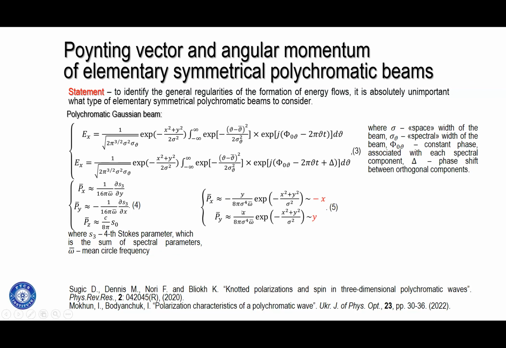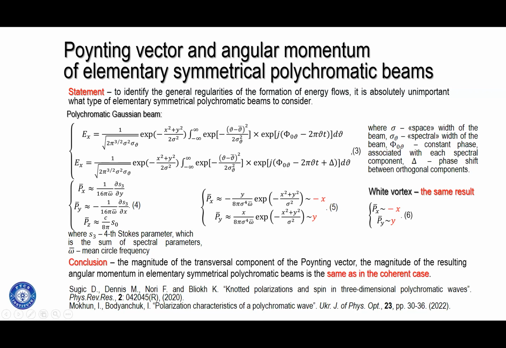From this relation, we can see that the Poynting vector in our case is absolutely the same as in the coherent situation. Moreover, it is easy to show that for white vortex we have a similar notation.